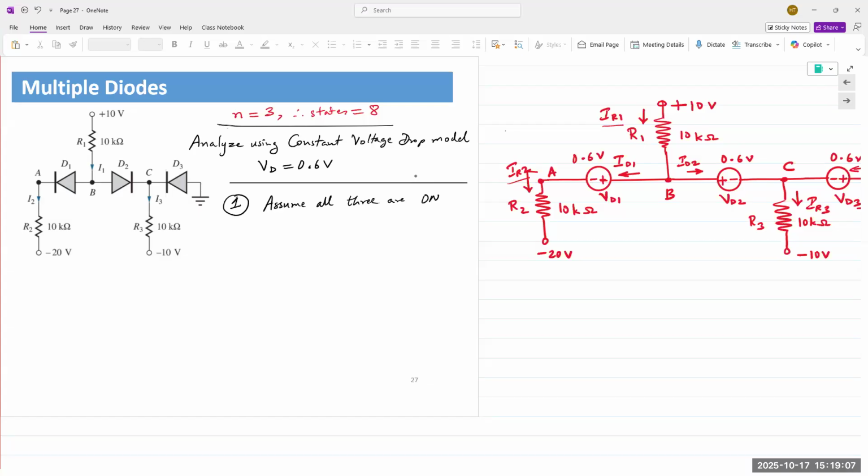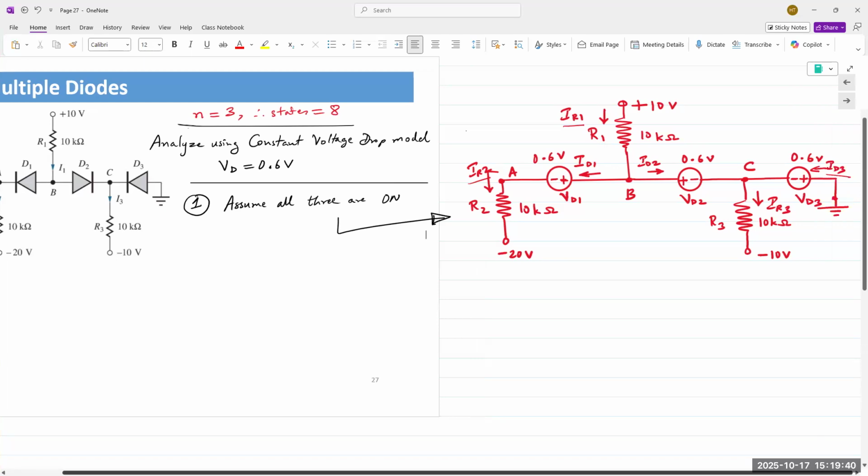Meaning if we assume a diode to be off, we check for the diode voltage. If we assume that the diodes are on, as we are doing in this case, then they're replaced by a constant voltage source of 0.6 volts. The voltage source will have a polarity of plus at the anode and minus at the cathode. And so if we assume that all 3 of them are on, the circuit looks like this.